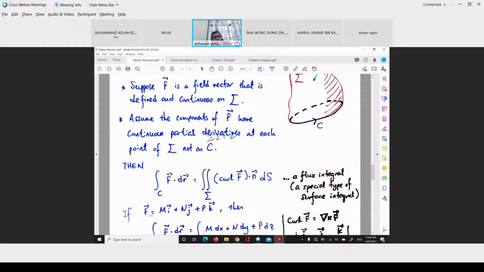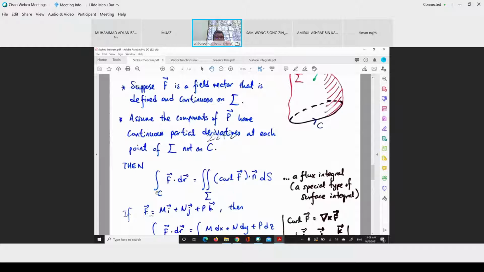If it is two-dimensional, we can also solve this line integral using Green's theorem. We have also seen the use of the fundamental theorem of line integrals for evaluation of this line integral.